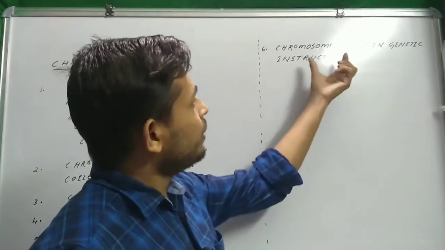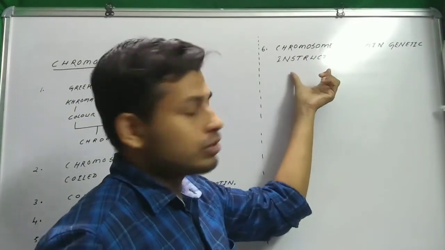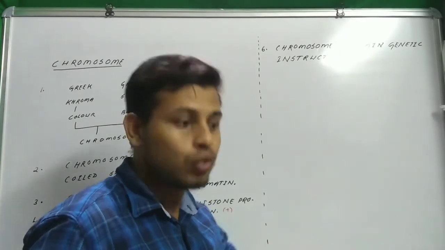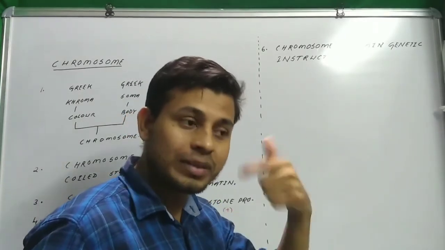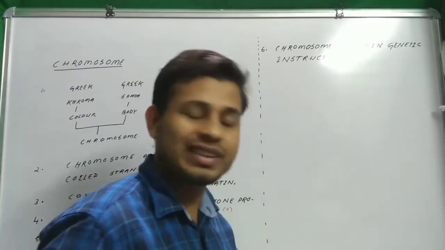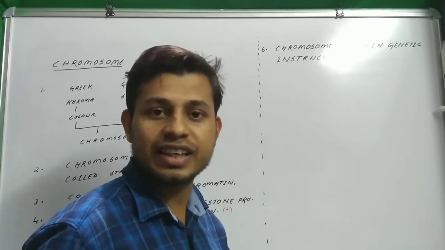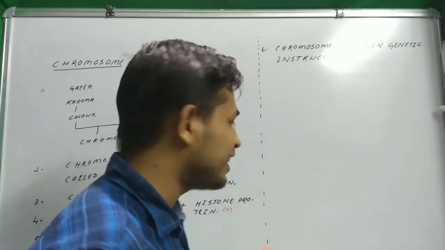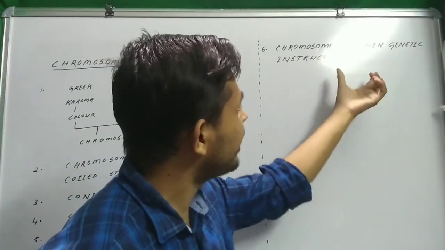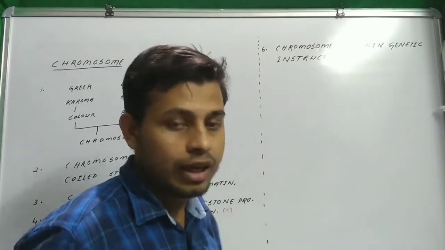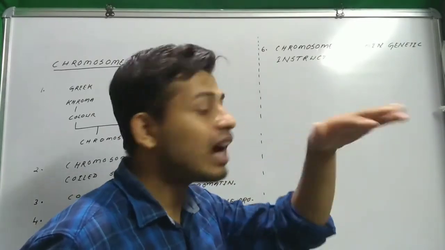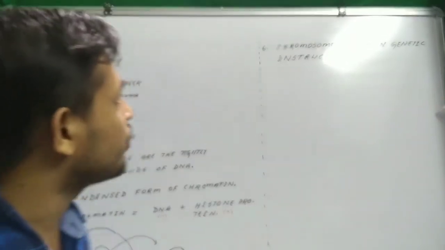So the chromosome contains genetic instructions and it makes an individual who you are, starting from the color of your eye to how tall you are. Every piece of information is present in code form in the DNA. That is really a very important word.